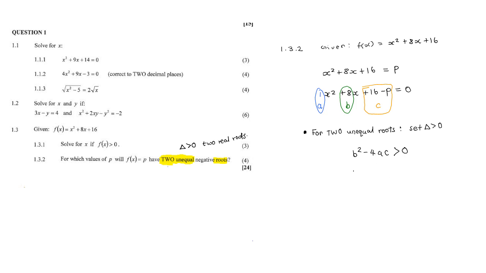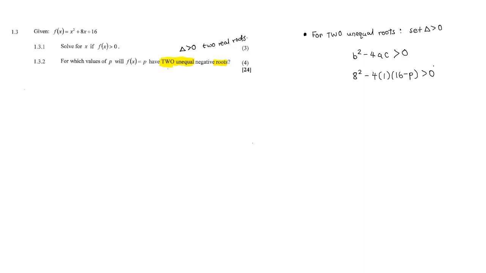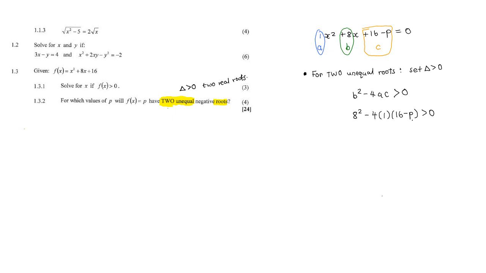Substituting in our values, we have 8 squared minus 4 times a is 1 times c is 16 minus p. We want to know when this expression is going to be positive. Let's simplify this left-hand side so that we can see what we're doing.